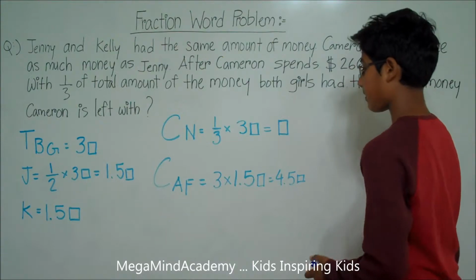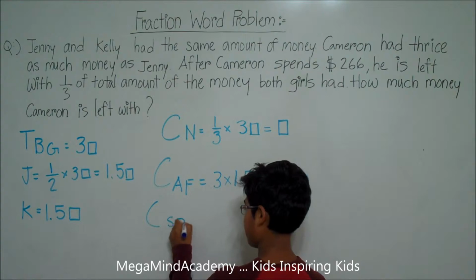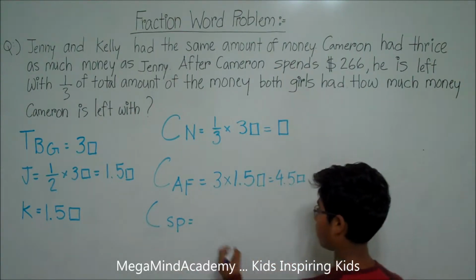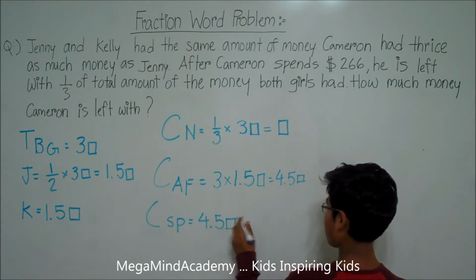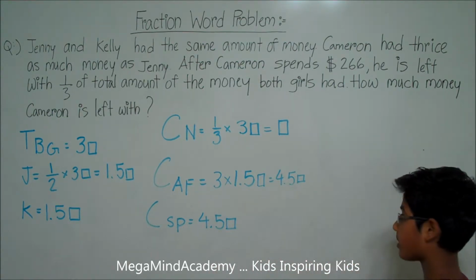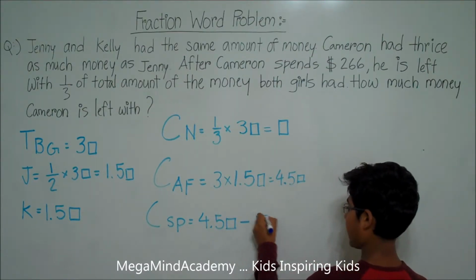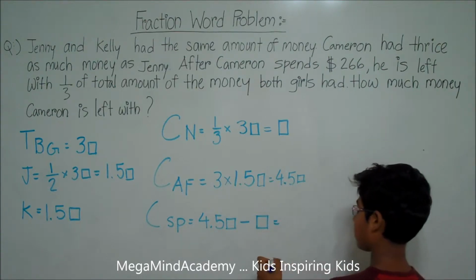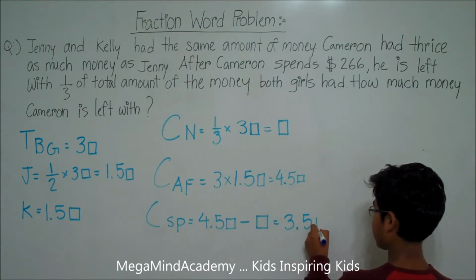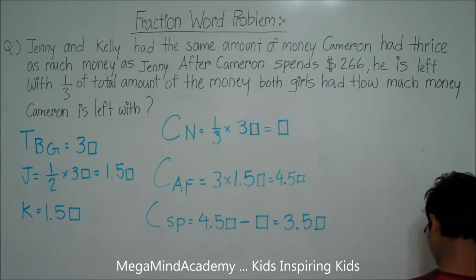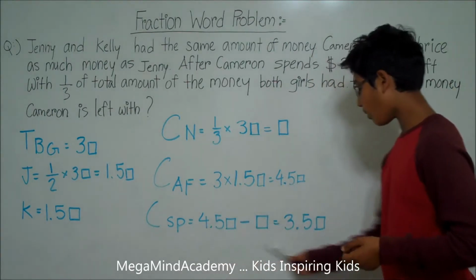So this means that Cameron spent, C for Cameron, SP for spent, is equal to 4.5 units, which is how much money he started out with, minus 1 unit, which is how much money he has now. This is equal to 3.5 units. So Cameron spent 3.5 units.